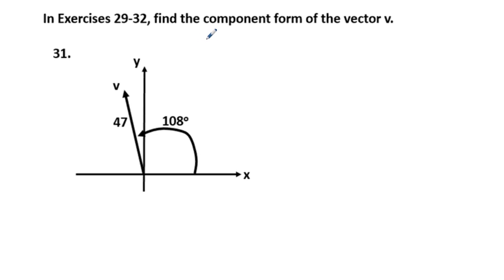And that formula is that we take our radius, if you will, 47, and multiply that by the cosine of our angle of standard position, which is 108 degrees. And then for our y value of the vector, it's 47 sine of 108 degrees.